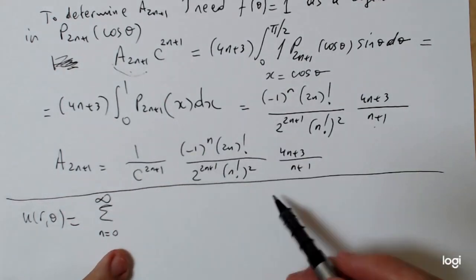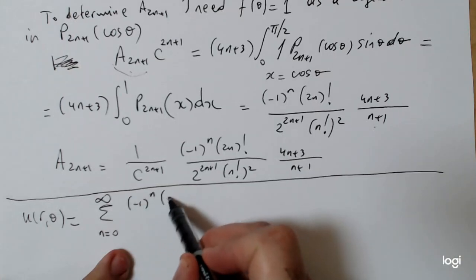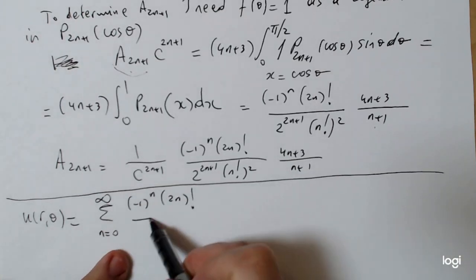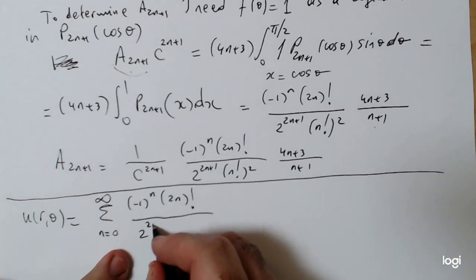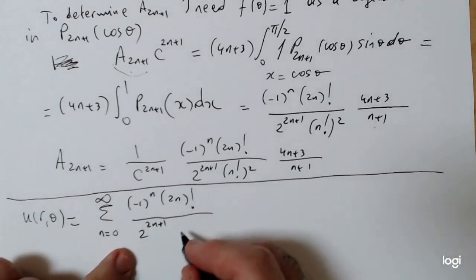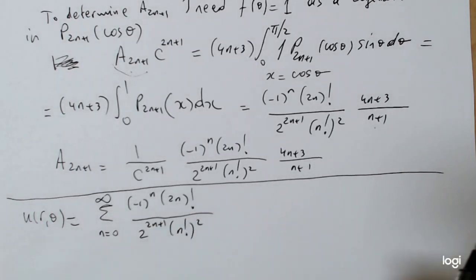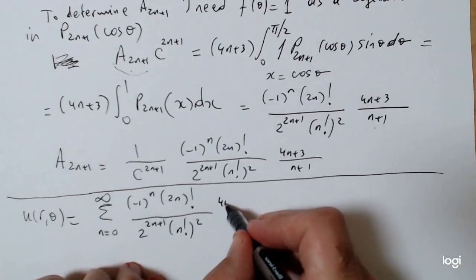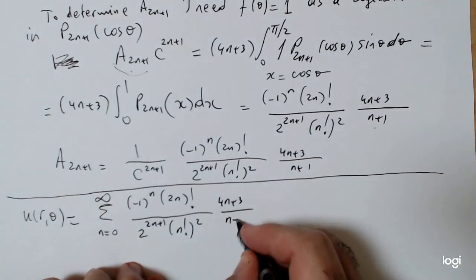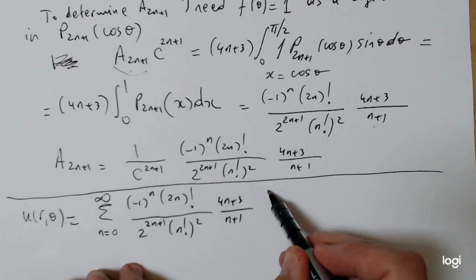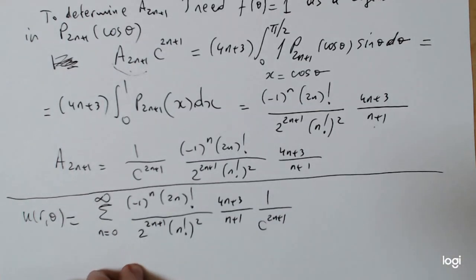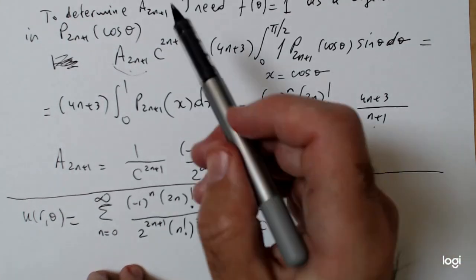We can rearrange the terms a little bit here, so it's (-1)^n (2n)! 2^(3n+1) over (n!)^2 times (4n+3) over (n+1) times 1 over c to the 2n+1. That's just the coefficient.